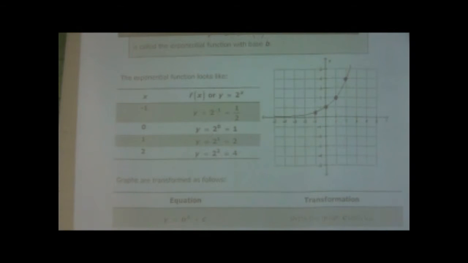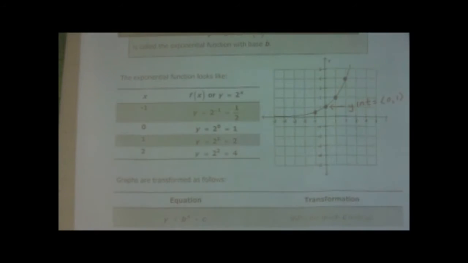Now, all exponential functions, and that means functions with different b's, all look relatively similar. All right? Here's some things that are true. No matter what your b is, when you plug in 0, you're going to have b to the 0 power. It's always going to equal 1.